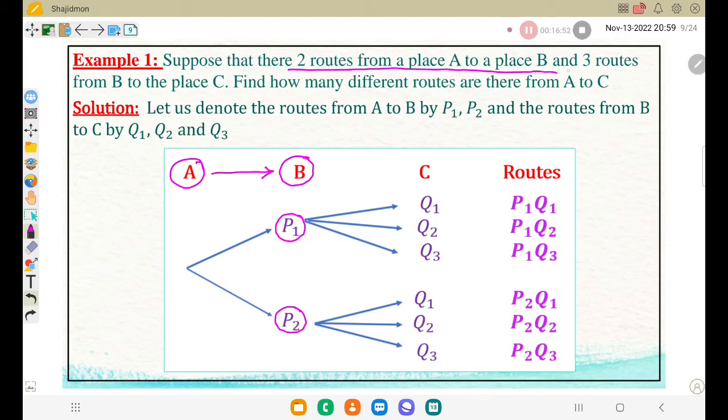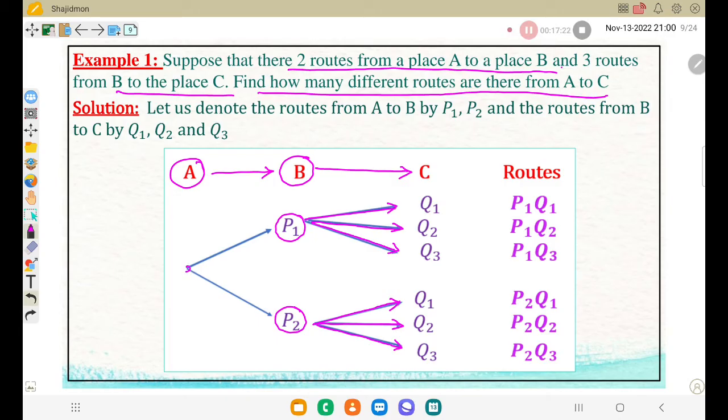Then there are 3 routes from B to C. The first is Q1, the second is Q2, and the third is Q3. Same for P2, we also have 3 routes: Q1, Q2 and Q3. Then what is the question? Find how many different routes there are from place A to C.